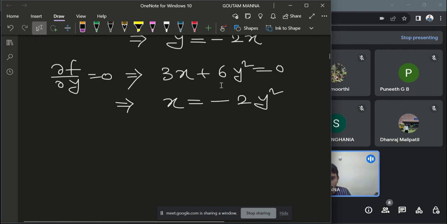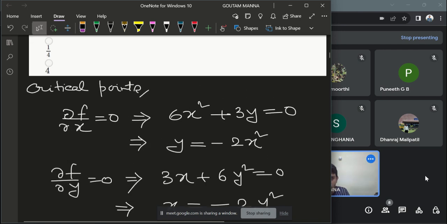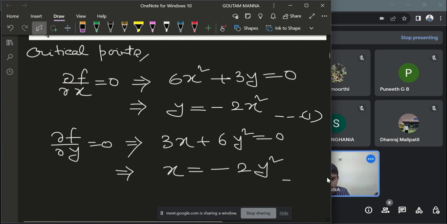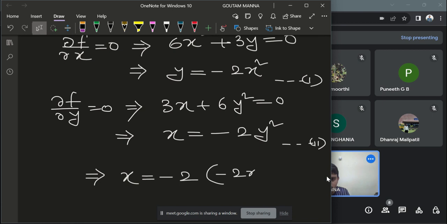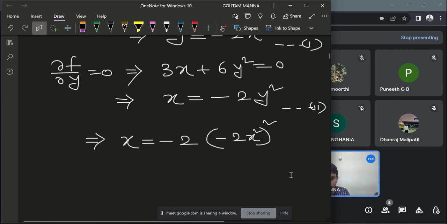Call it equation 1 and equation 2. So now if I put this value of y in equation 2, it will be x equals to minus 2 of minus 2x square whole square. So then it will be minus 8x to the power 4.